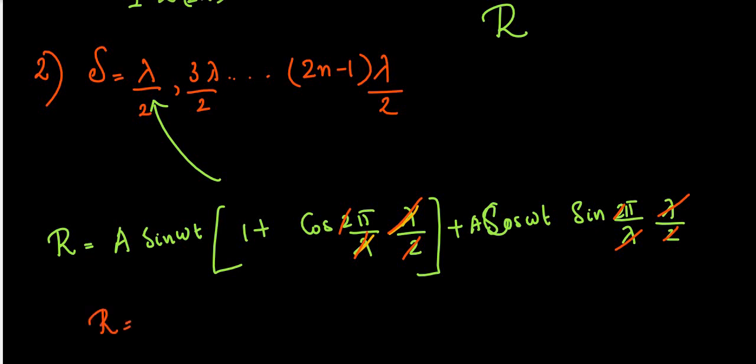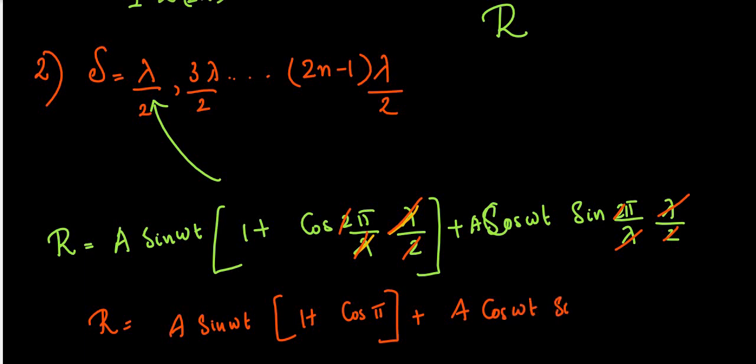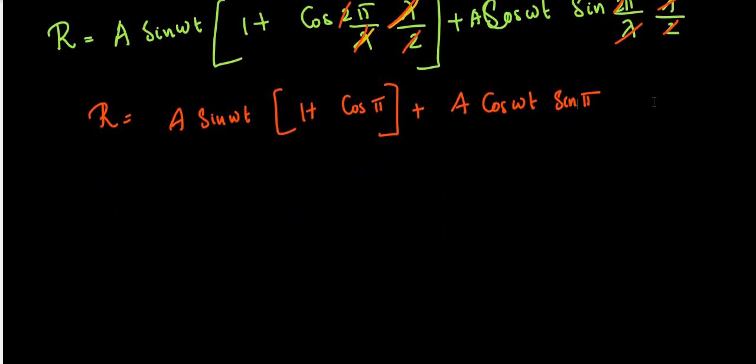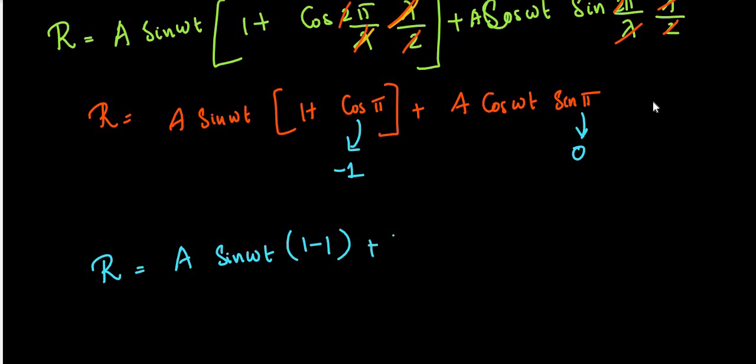So the resultant displacement is A sin omega t times (1 plus cos pi) plus A cos omega t sin pi. Cos pi is minus 1 and sin pi is 0. So we get A sin omega t times (1 minus 1 plus 0), that is, the resultant displacement is equal to 0.